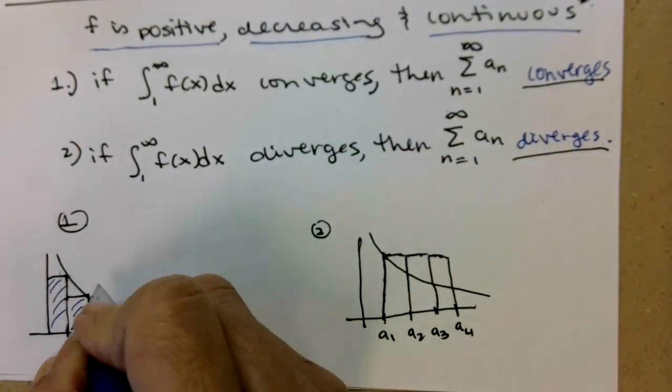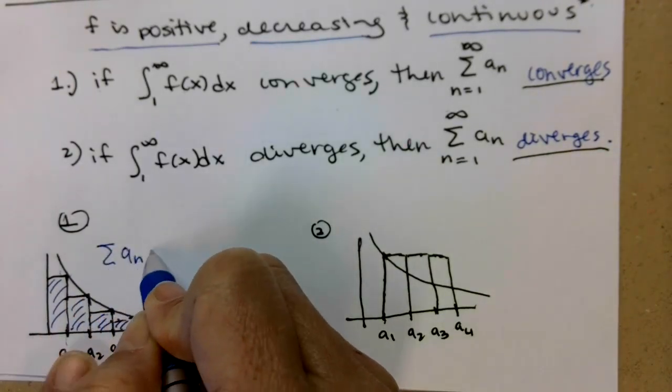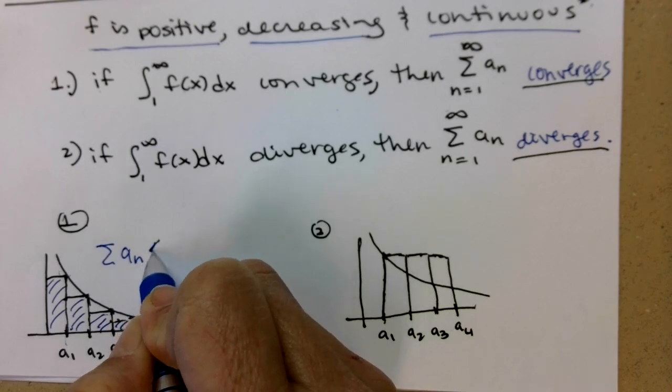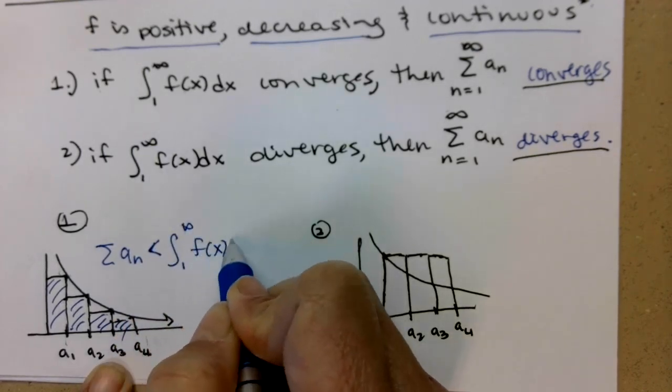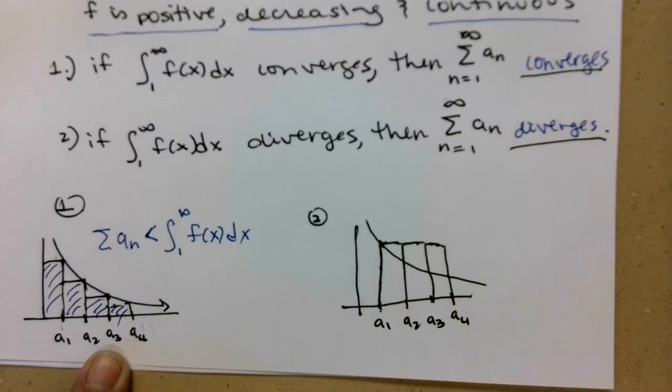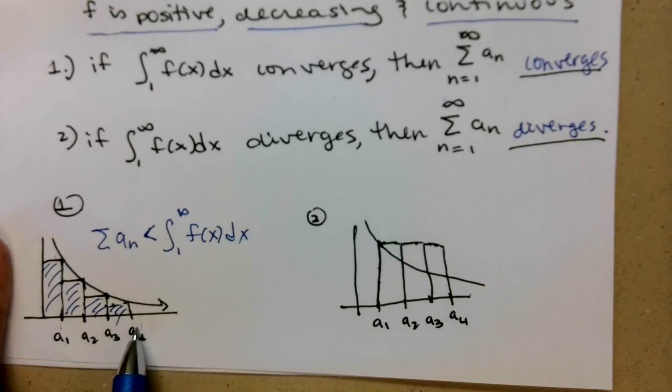And the area of the rectangles is going to be less than the area under the curve, because we're underestimating using those right endpoints.